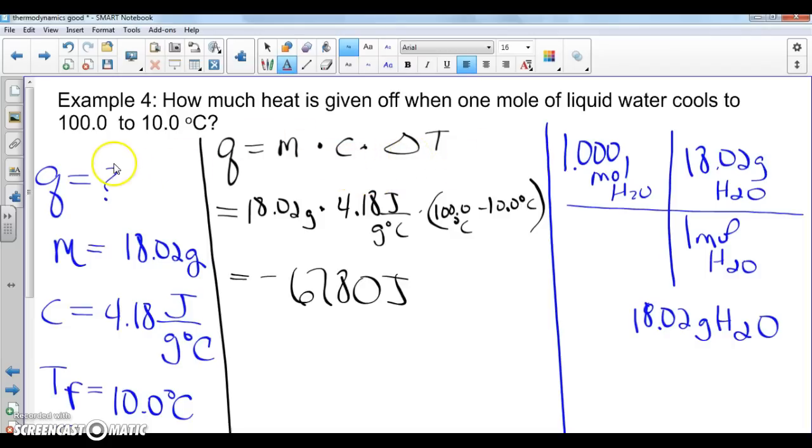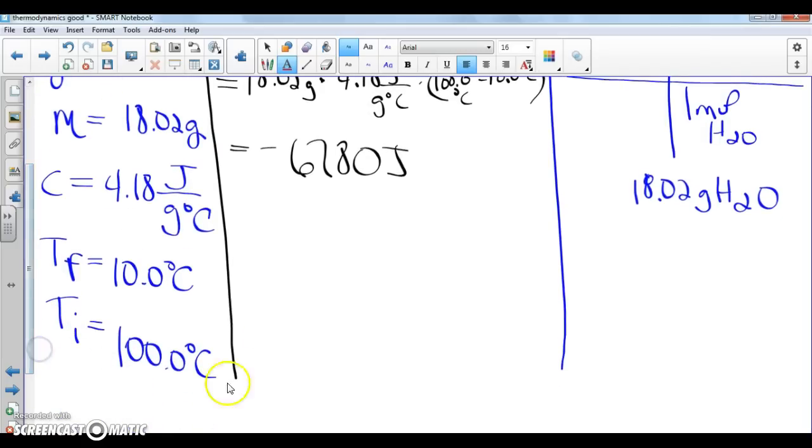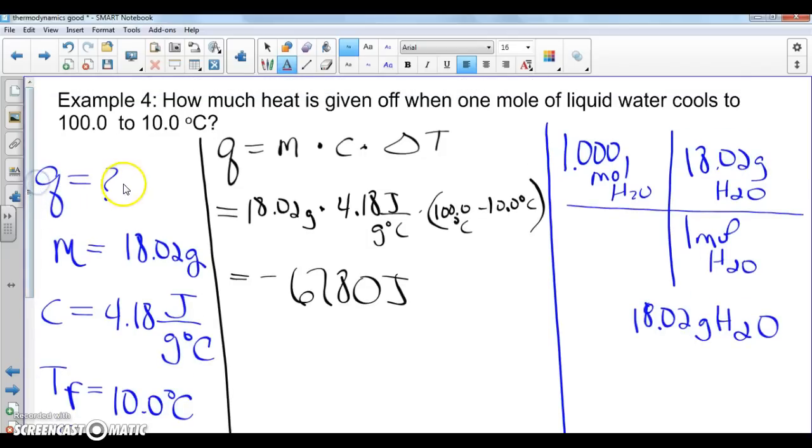Just like before, I highly recommend, almost insist, that you write down your variables. So Q, M, C, and then of course for delta T we want to do TF minus TI. Then plug numbers in. As I read the problem, I know I'm looking for Q. I look for my question word, how much heat; heat is Q. It tells me the mass, oh, I don't see mass here, we'll talk about that in a moment.